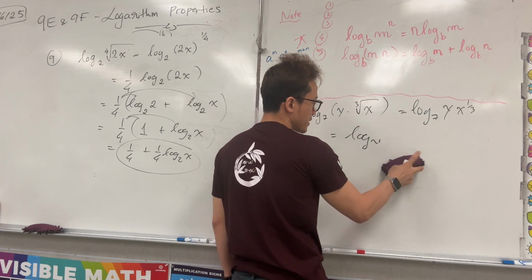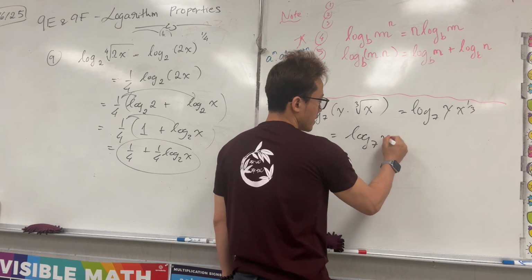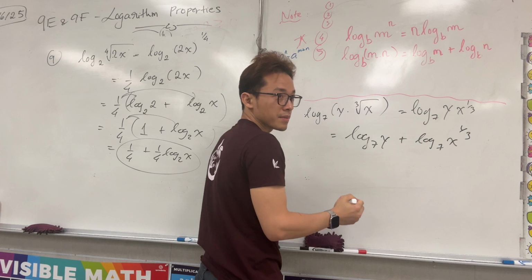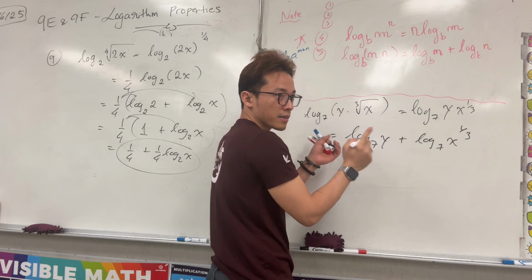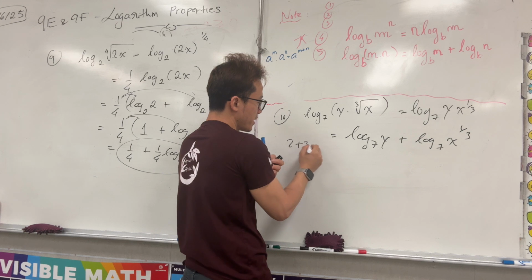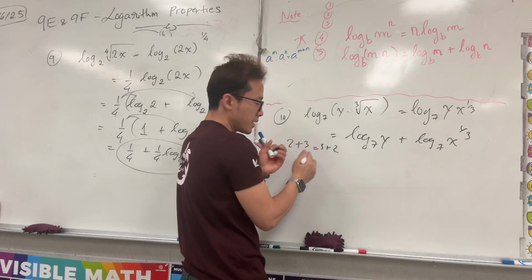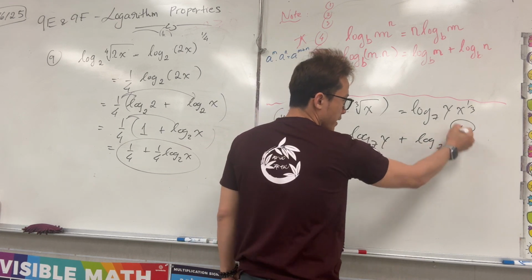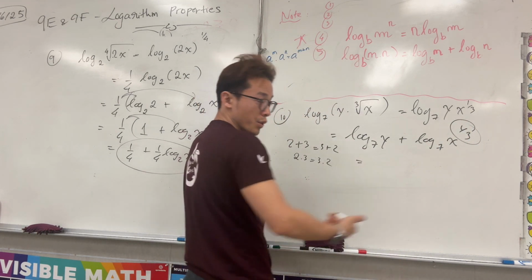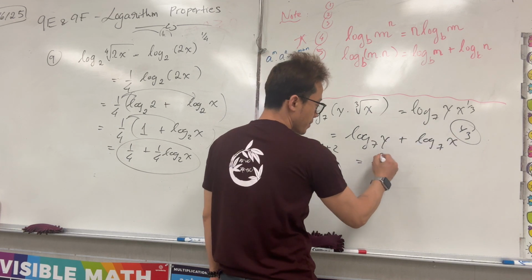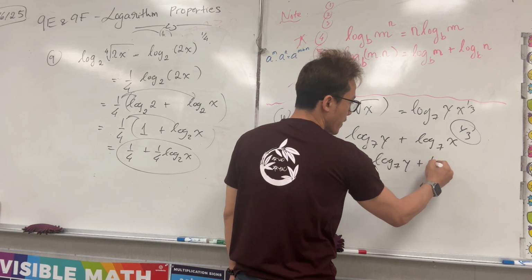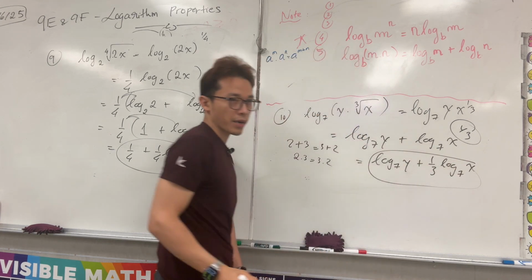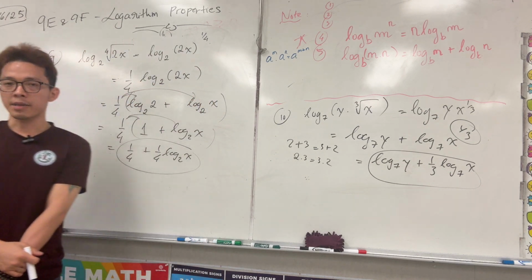It's the same thing anyway. Order doesn't matter, right? 2 plus 3 equals 3 plus 2, and 2 times 3 is the same as 3 times 2. Now, what are you going to do next? You bring the power to the front. That's all you can do. Let's give Rachel 1 point also.